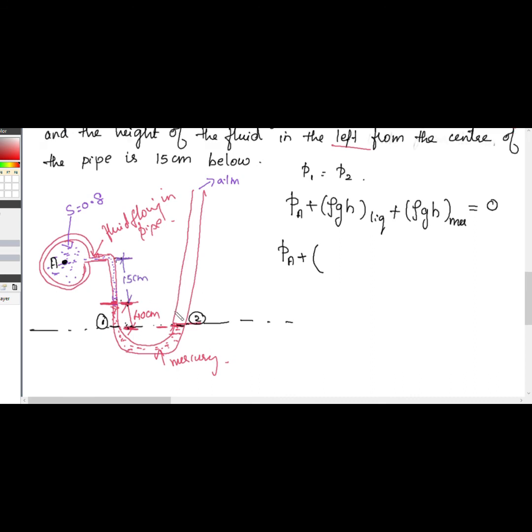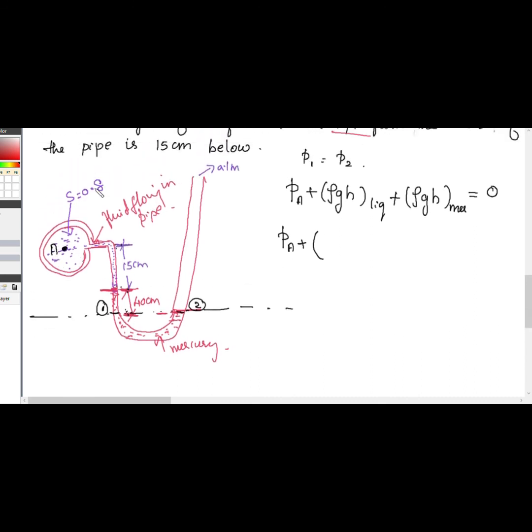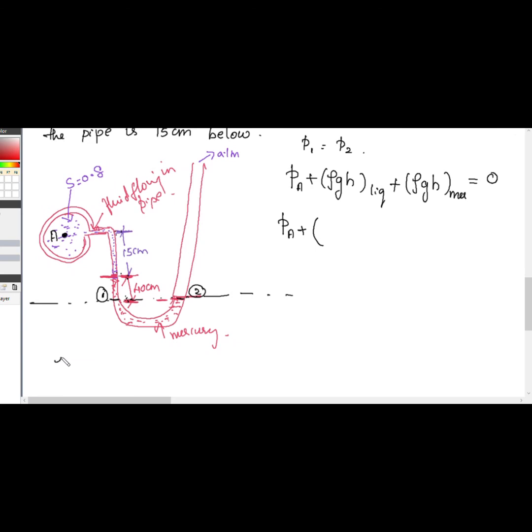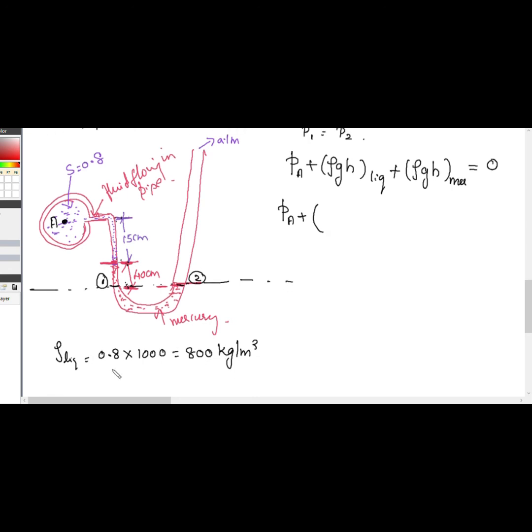The specific gravity is given as 0.8. Therefore, our density of the liquid will be 0.8 into 1000, so we get 800 kilogram per meter cube. Similarly, density of mercury will be 13.6 into 1000, so 13600 kilogram per meter cube.